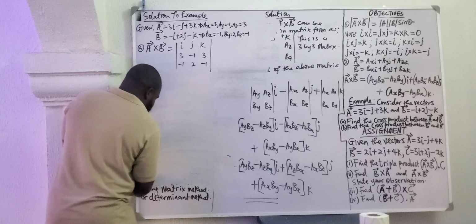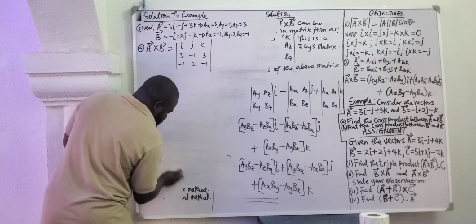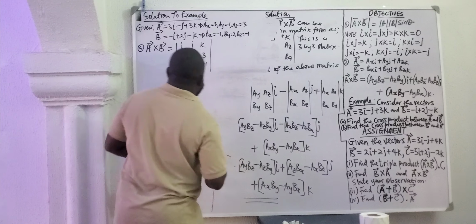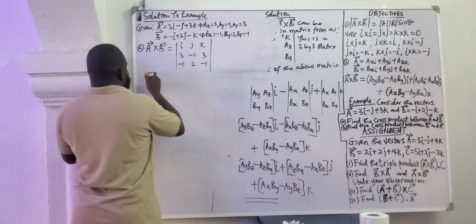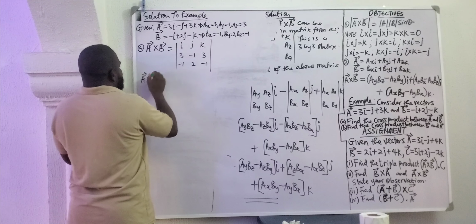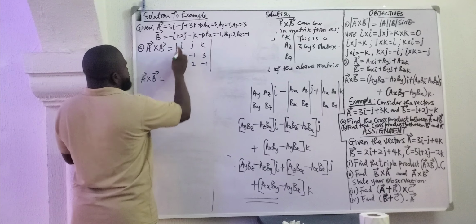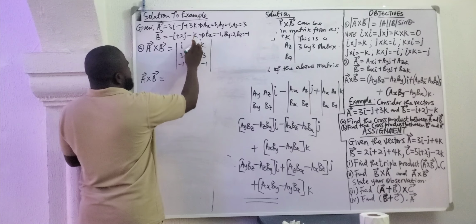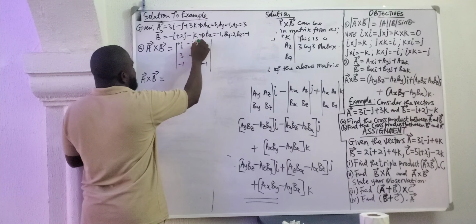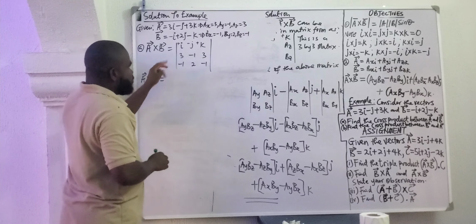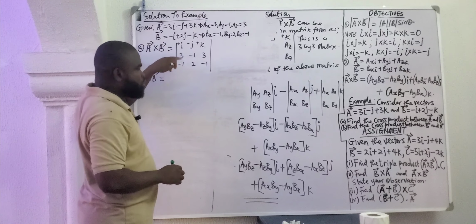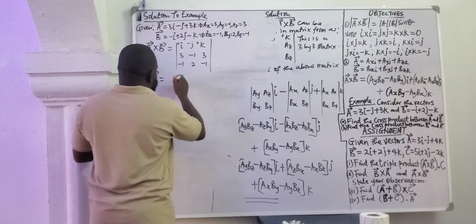Please remember the positional sign. If you miss out the positional sign, there is no way you are going to get the correct answer. So let's do that. I reduce it to 2 by 2 matrix. Give me A cross B equals, this is plus, this is minus, this is plus. The positional sign, you must know it is there. Nobody will write it for you, but you must know it is there. Hence, I've explained it to you.